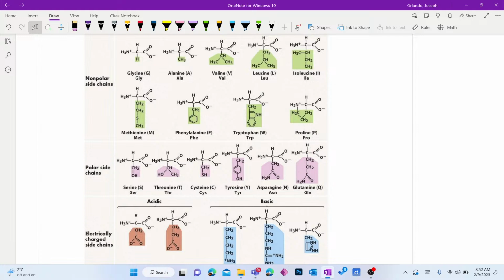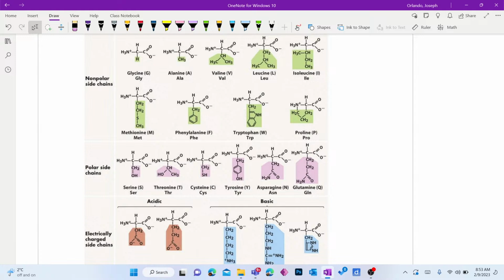And then after that, we get the polar side chains. And what do you see in every single one of these? Well, you kind of do, because sulfur obviously is different than oxygen, and yet look at sulfur on the periodic table, and it is isoelectronic with oxygen. It behaves like oxygen, right? It's right underneath oxygen. It also likes to make 2 bonds, and that is also a polar bond. So every one of these has a polar side chain.